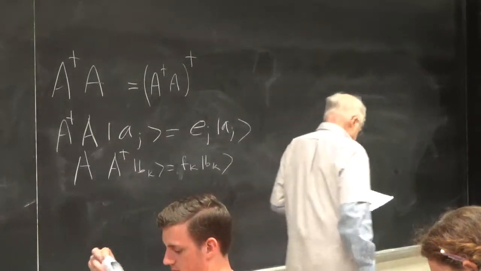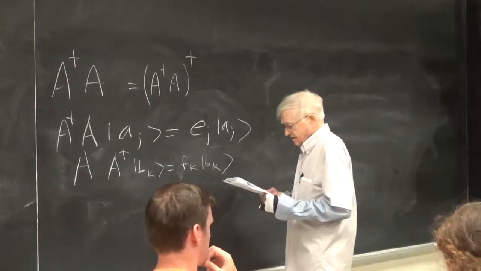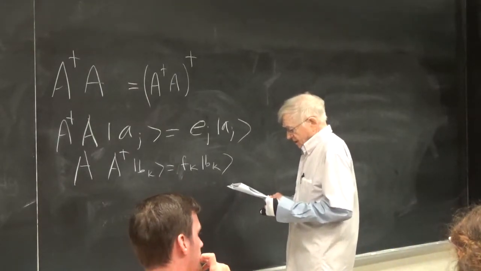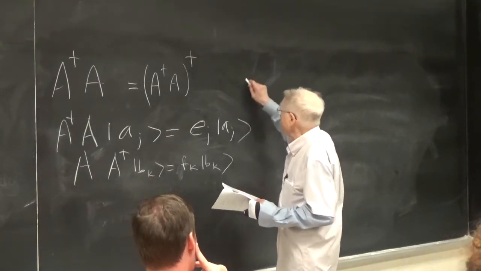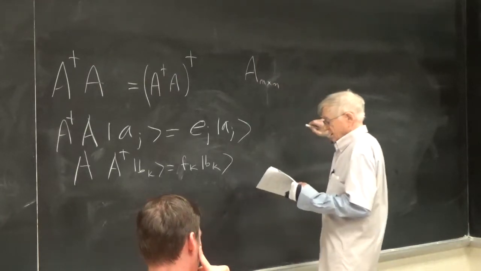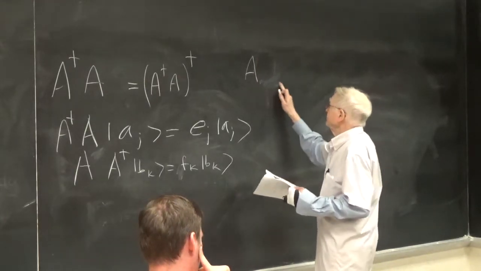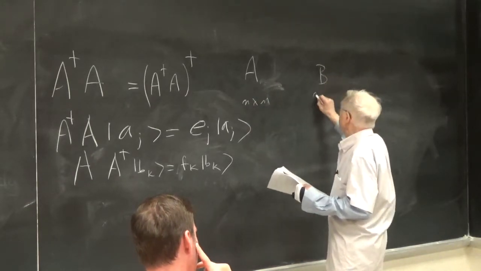So basically, the idea is the direct product of matrices. Suppose A is n by n, and B is maybe m by m.